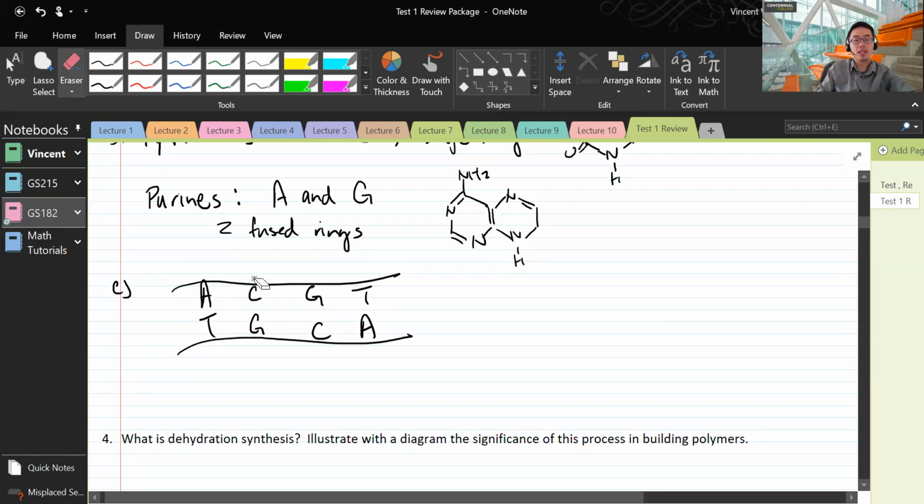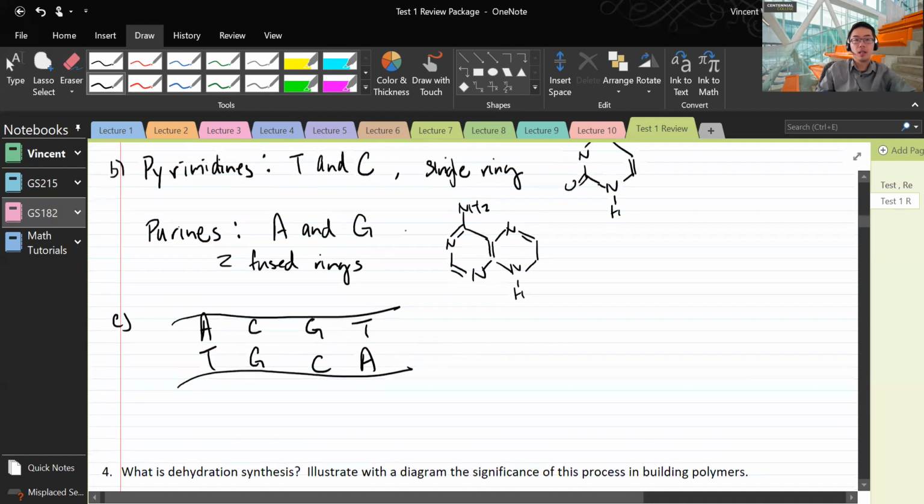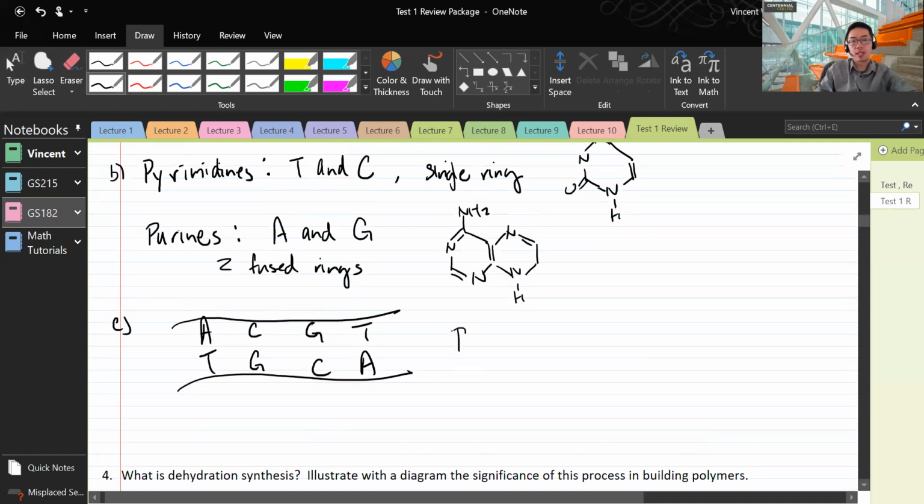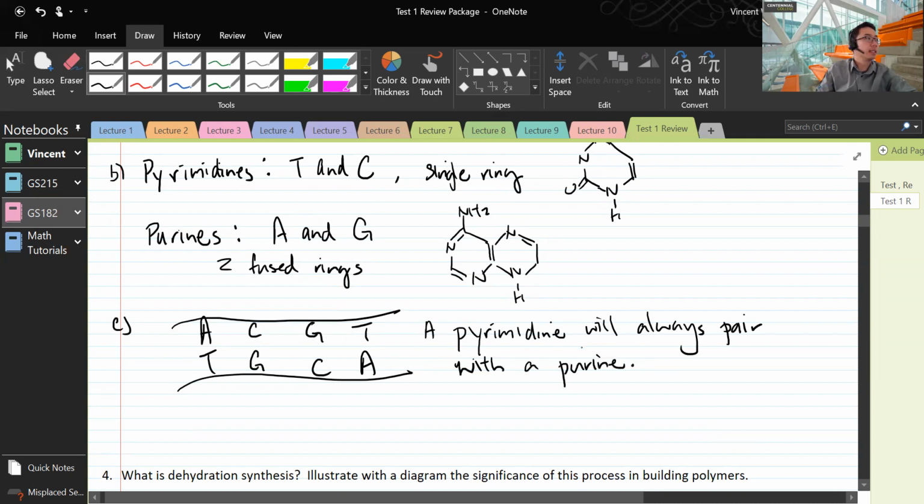A always pairs with T, C always pairs with G. Another way to say this is a pyrimidine will always pair with a purine, right? And then I think later on there is a question that asks what is the significance of the base pairing rule. By having a pyrimidine pairing with a purine, you ensure that the width of the DNA is always going to be 3 rings wide.